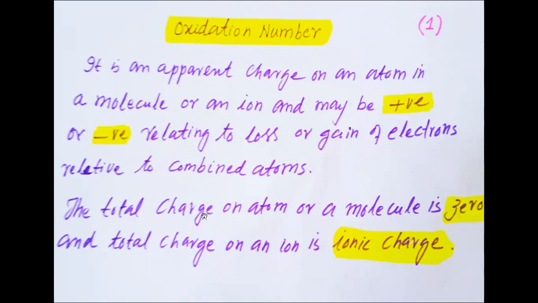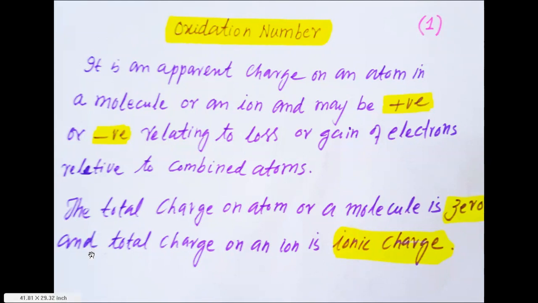The total charge on an atom or a molecule would be zero according to the principle when we shall determine the oxidation number of an atom in a compound.